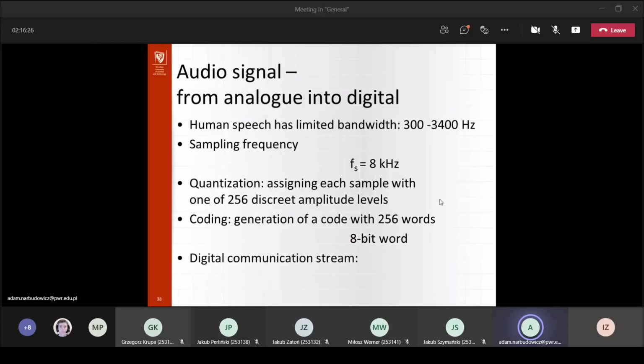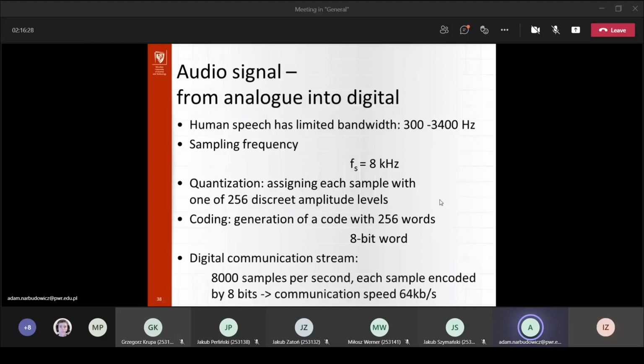Basically, to put all that together, we have in that case 8,000 samples per second, right? Each sample encodes 8 bits, which results in a minimum required communication speed of 64 kilobits per second. And that's just a simple multiplication really.